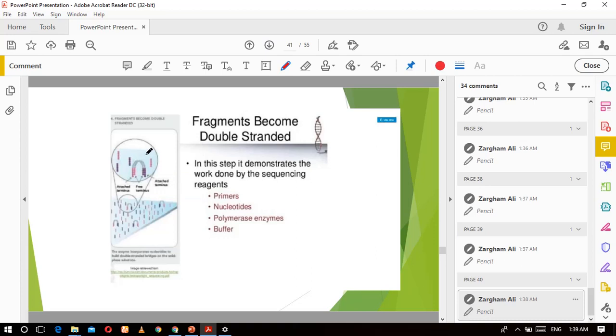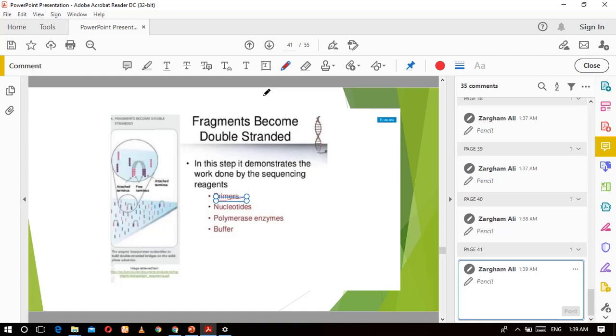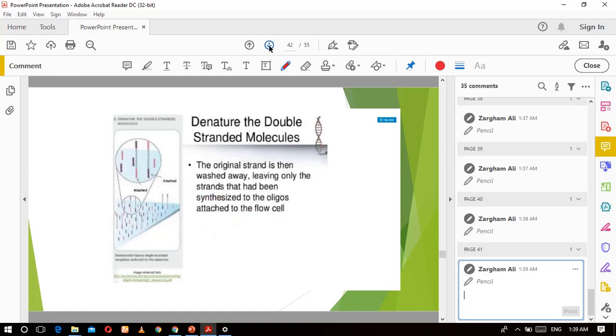After forming the bridge, it becomes double stranded because primer, nucleotides, polymerase enzyme, and buffers were added there for completing its sequence. After this, the next step is denaturation of the double-stranded molecules.